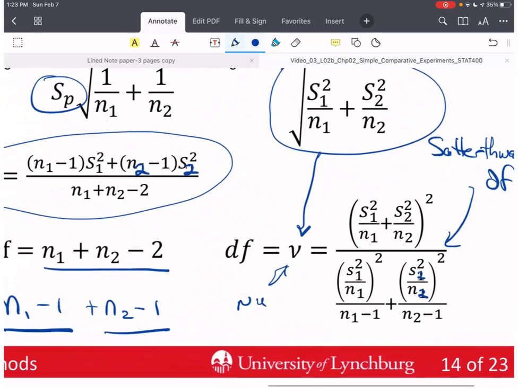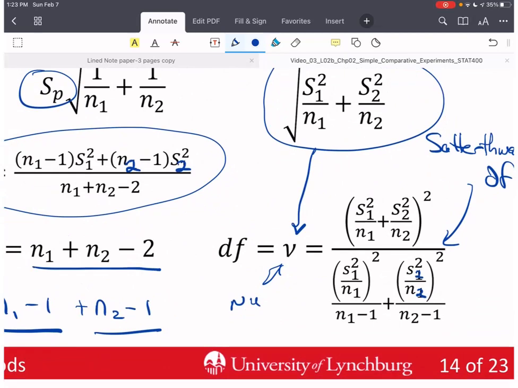So this is quite an involved equation. Make sure you get everything correct. So S1 squared over N1 plus S2 squared over N2, entire quantity squared in the numerator. The denominator, this plus is in between these two. So we have in this term, S1 squared over N1, quantity squared, all over N1 minus 1.